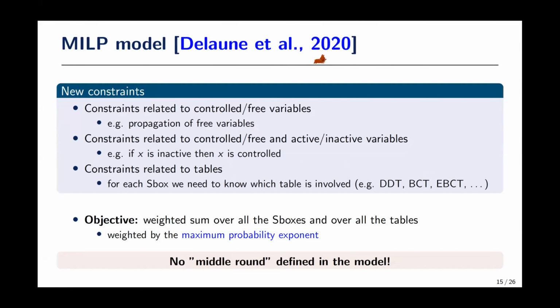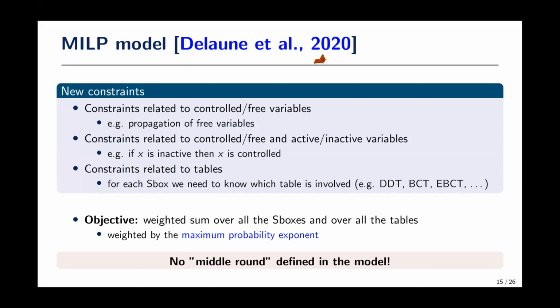The objective is, instead of counting the number of active blocks, counting how many tables are involved, and so on, to get the maximum probability exponent.